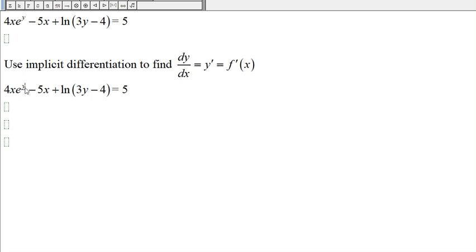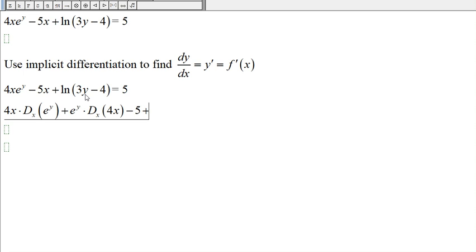And so this part right here, this is the product. So this will be 4x times the derivative of e to the y, and then plus e to the y times the derivative of 4x, and then the derivative of the 5x, that's just 5.